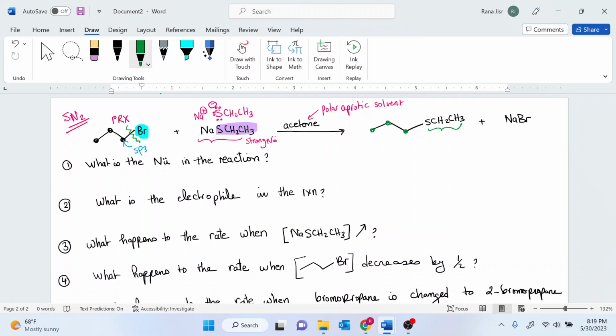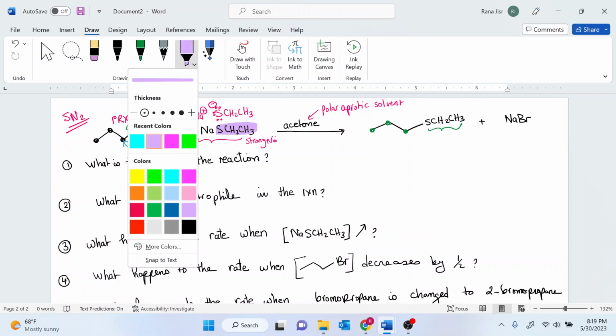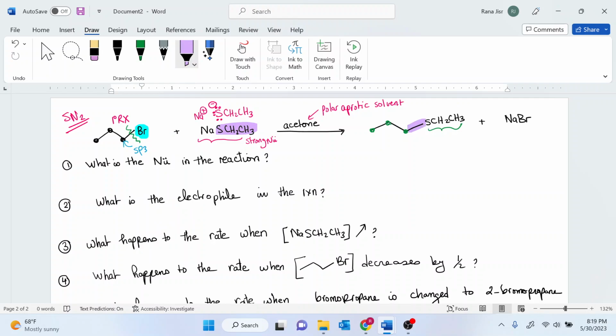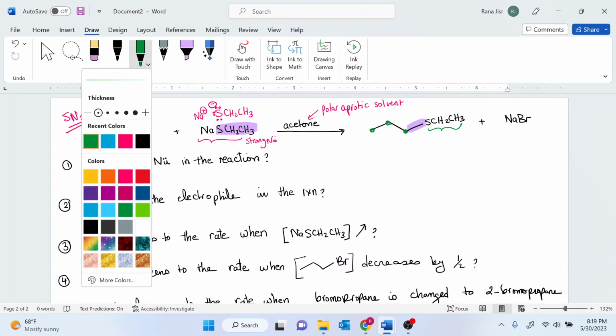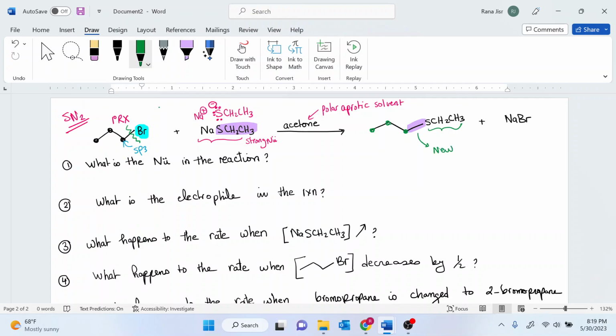So what I did here is I created a new sigma bond. And of course, the bromine left. So when the bromine left, it's going to appear here as a Br minus. I do have sodium in the solution, so sodium is going to come and balance the bromide. There's nothing called a negative charge like that in the solution. If you have a negative charge, then definitely you have a positive counter ion to balance that.